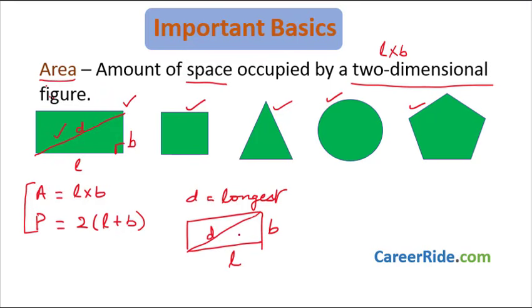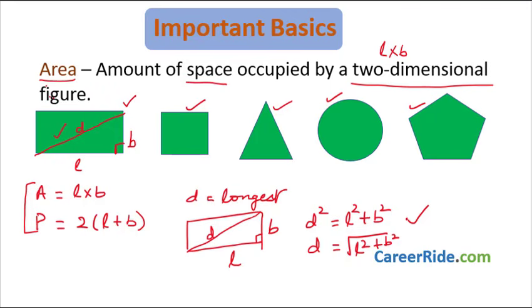But if you are aware of this, you will simply apply your Pythagoras theorem and say D square is equal to L square plus B square. So the longest bamboo that can be placed on this floor would be D is equal to square root of (L square plus B square). So you see, it is just the application of the knowledge we have about this figure.